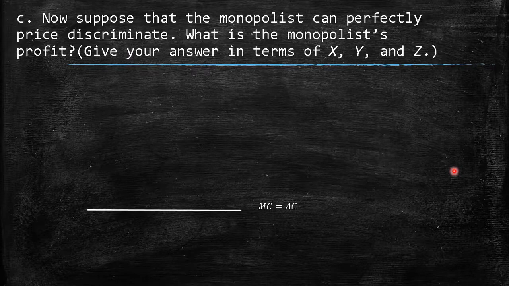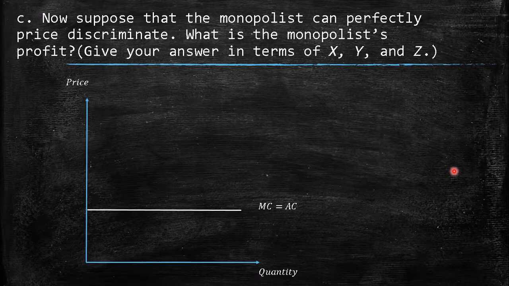Next question says, now suppose that the monopolist can perfectly price discriminate. What is the monopolist's profit? If they can perfectly discriminate, remember the principle that the idea is you are going to take all the willingness to pay of each consumer.